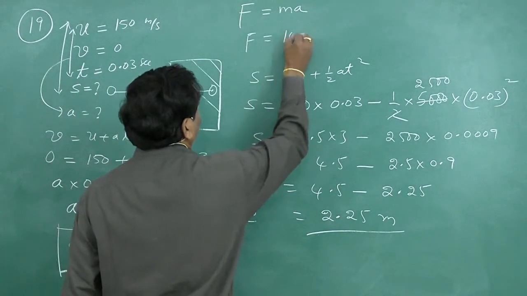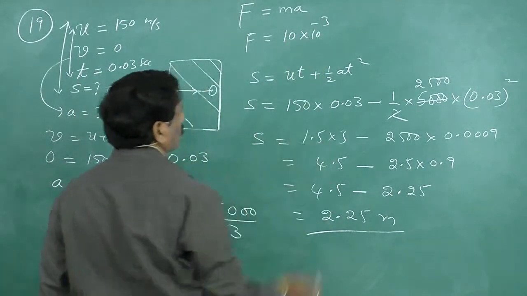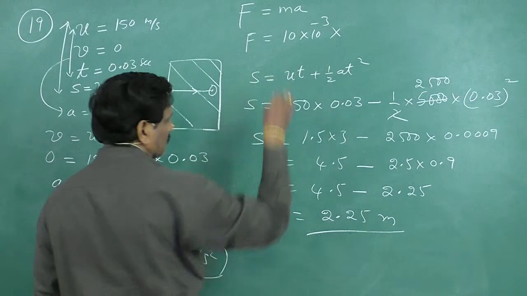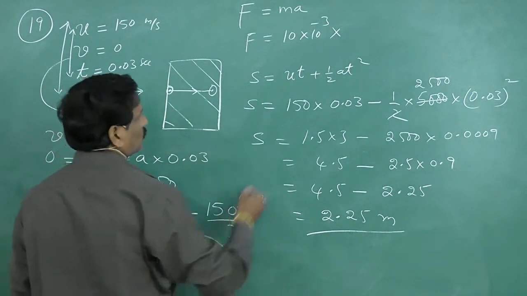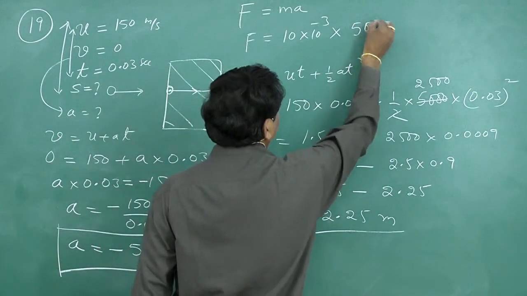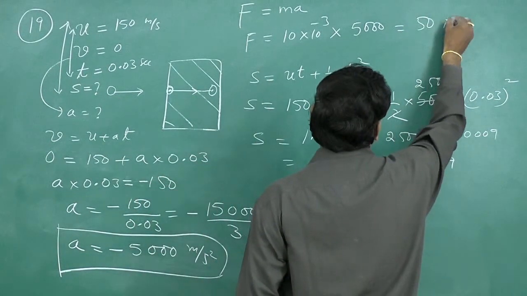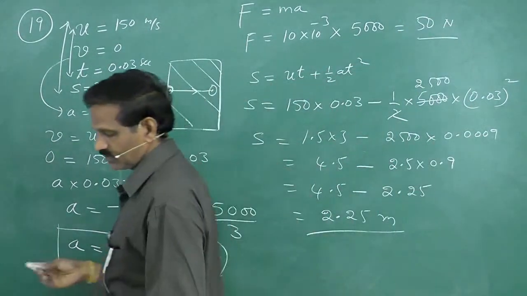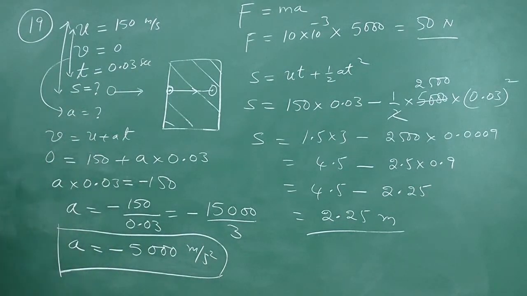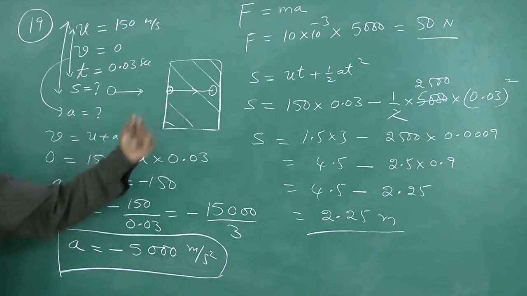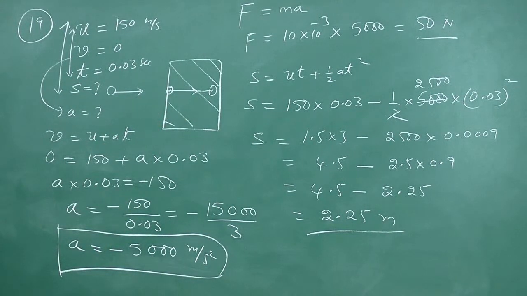So 10 into 10 power minus 3 kilogram, into the retardation 5000. So this is equal to 50 Newton. This is the force acting on the bullet by the wooden block. 50 Newton force will be acting on the bullet by the wooden block. So this is the opposing force.